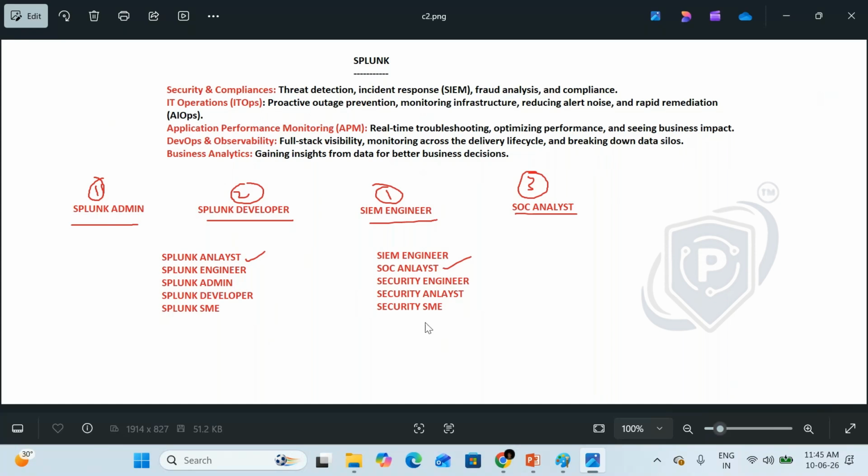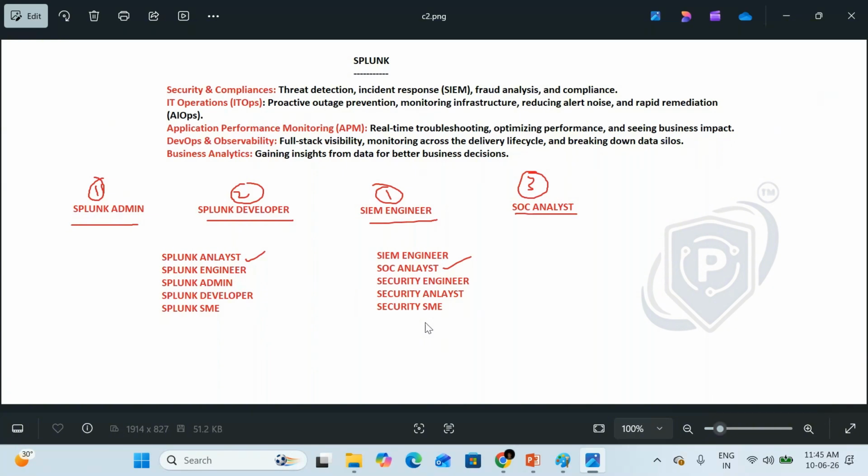Tool is nothing but SIEM, security information and event management. To do the murder, multiple tools are there. Knife is there, gun is there, thread is there, and also poison is there. Same like that. Knife is Splunk. Sentinel is a gun. IBM QRadar is a poison. ELK stack is a thread.